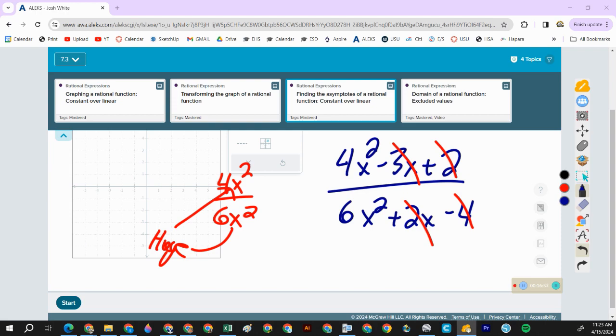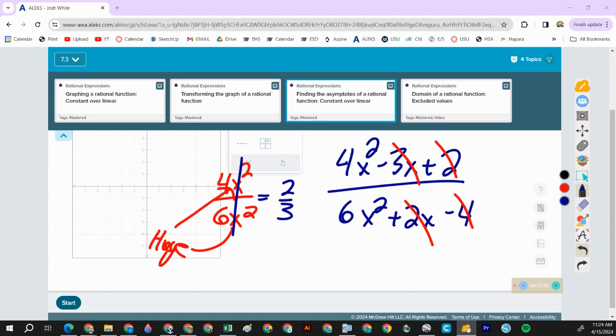What is 4 times a huge number squared divided by 6 times the same huge number squared? Well, a huge number squared divided by a huge number squared cancels, and 4 over 6 just becomes 2/3.